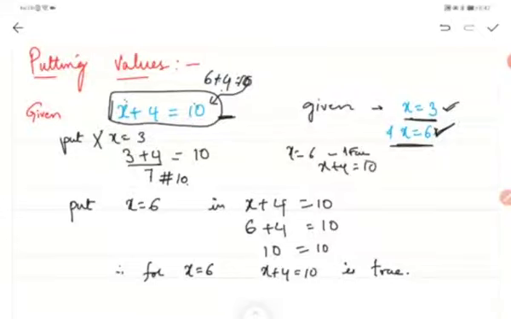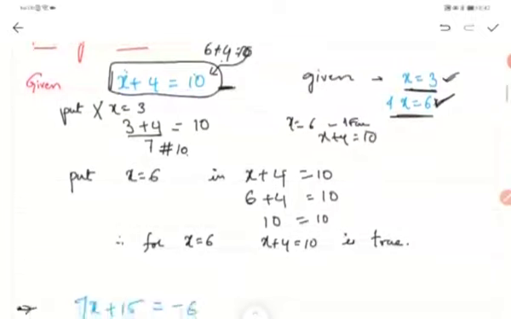Alright, so this is one type in which you put the value of x which is given in the question itself, and in your exercise problem it is mentioned specifically: find the value, or solve the equation by the trial and error method.